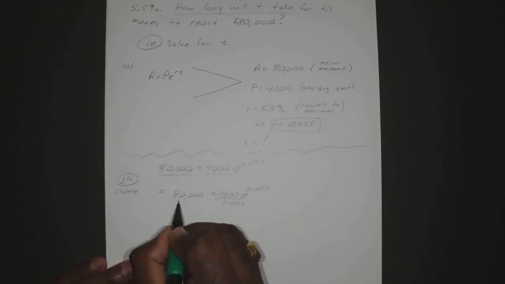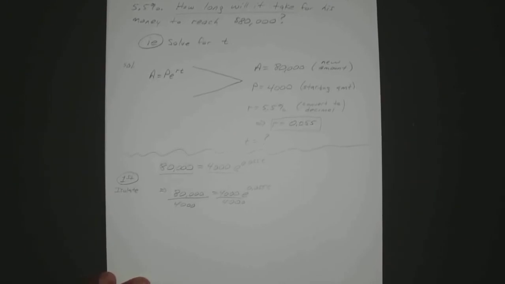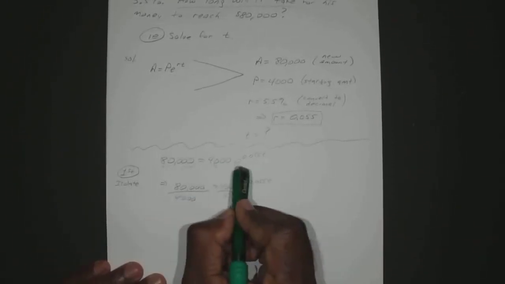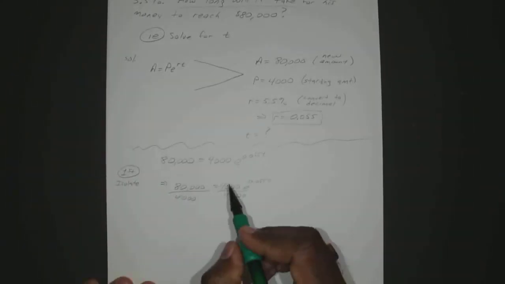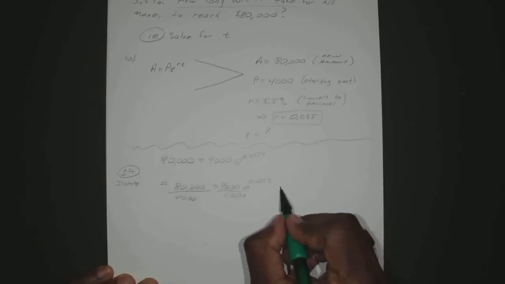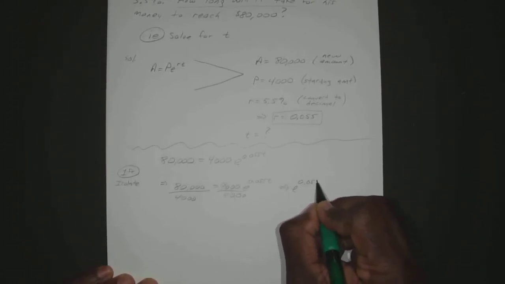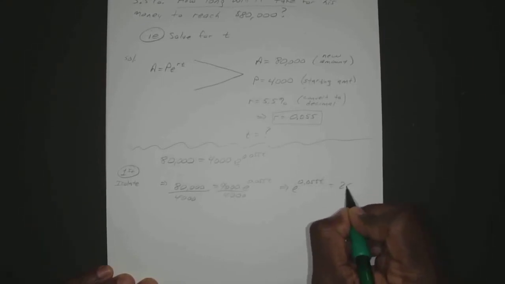Divide those two by 4,000. These two cancel out. So that means e to the 0.055t equals 20.